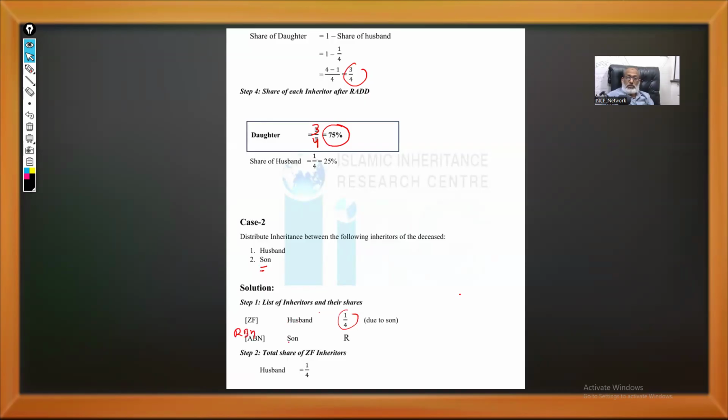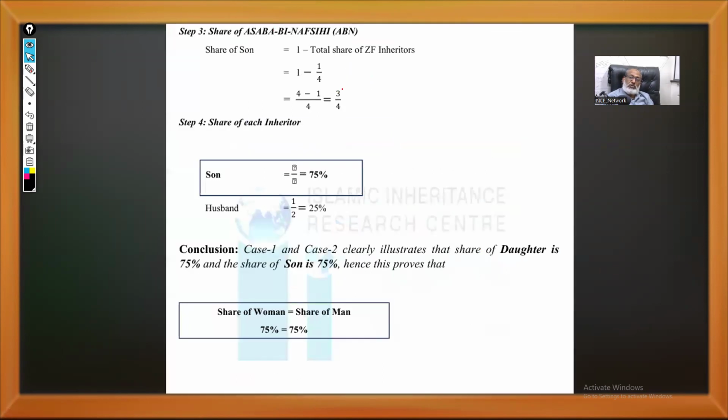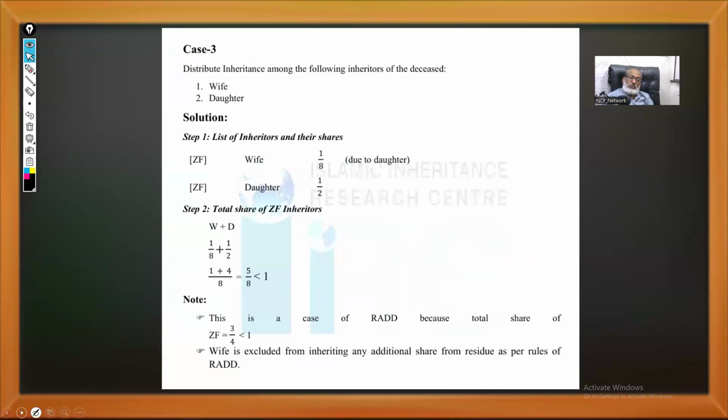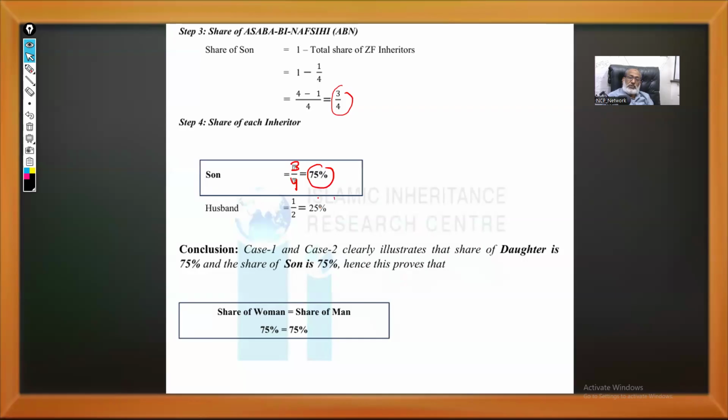So according to 6732 Sahih al-Bukhari, the fixed share will go to the primary heirs and the residue will go to the closest male relative, and that is the son in that case. So 1 by 4 will go to the husband, and the rest, 3 by 4, will go to the son. So the son is also getting 75%, and the daughter is also getting 75%.